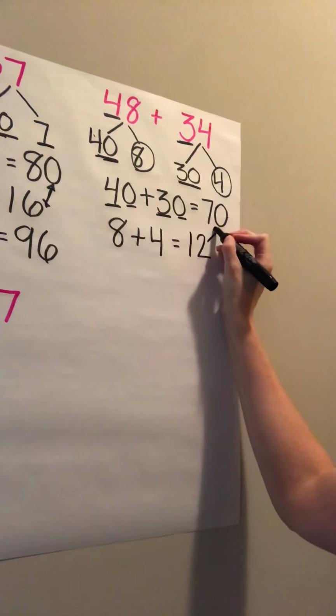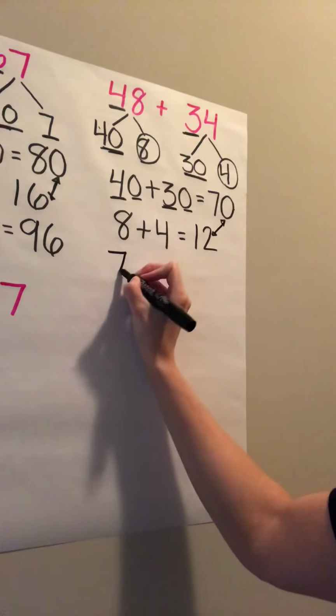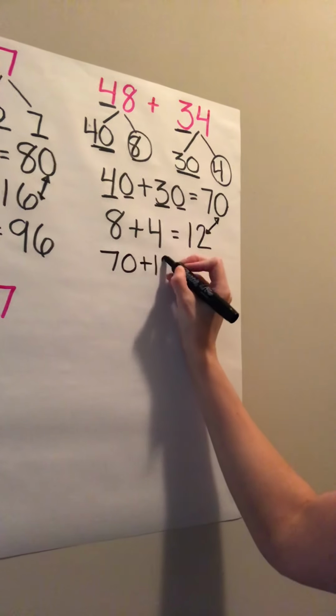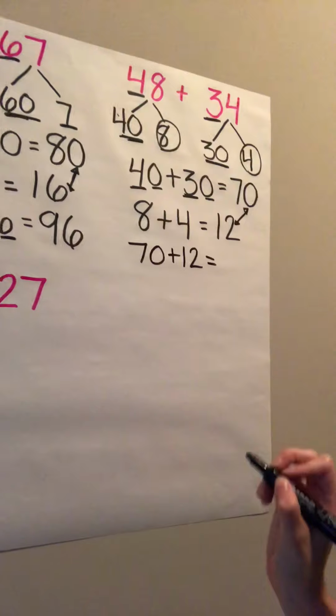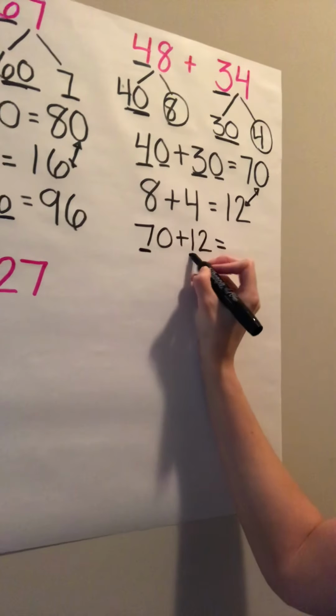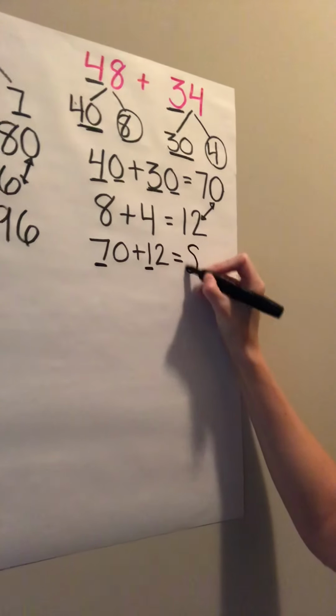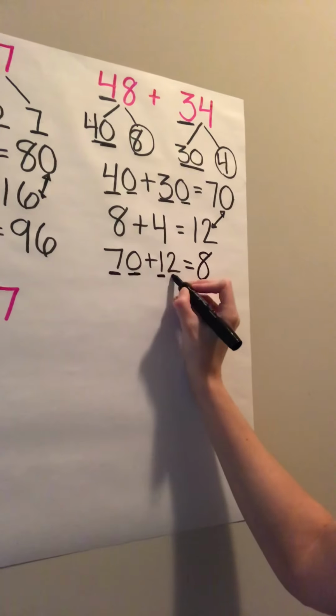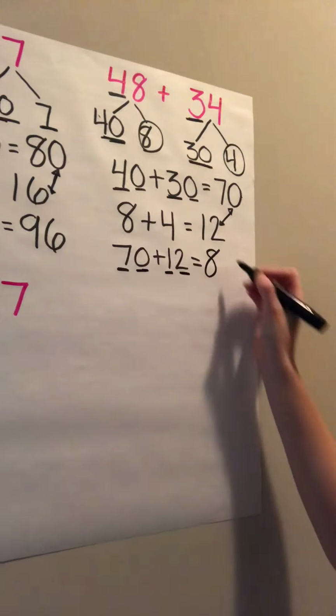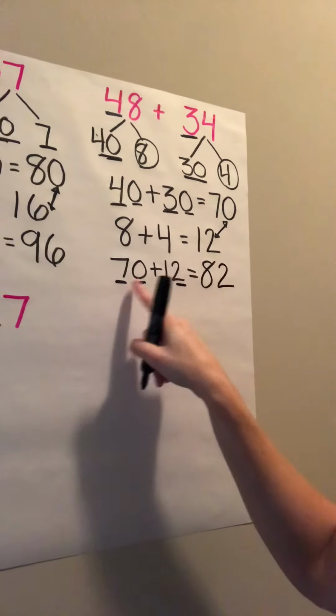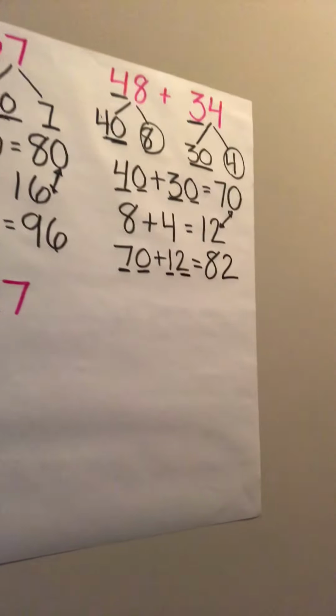So we need to put these together. So 70 plus 12 equals, so our 7 and our 1 in our tens, 7 and 1 make our 8. Now we do our ones. 0 and 2 make our 2. So 70 plus 12 equals 82.